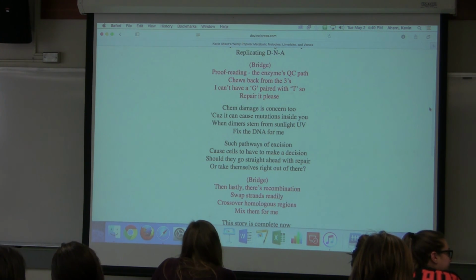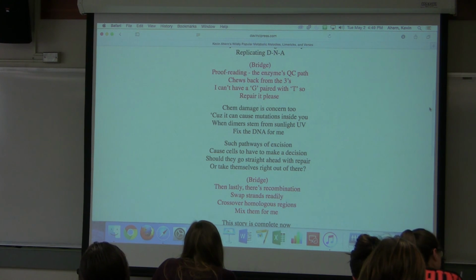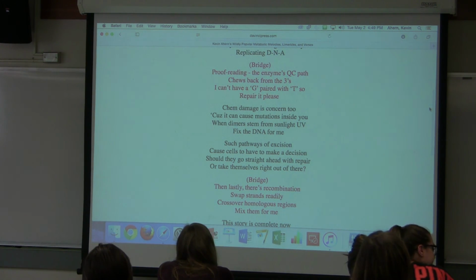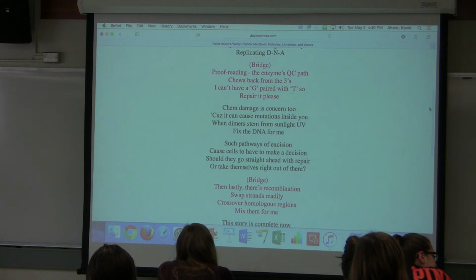I can't have a G paired with T, so repair it, please.